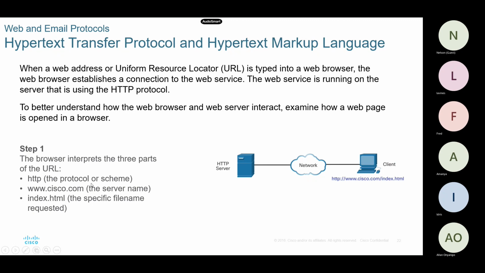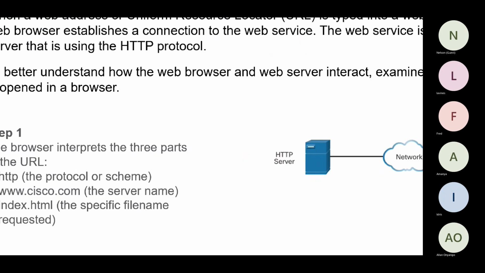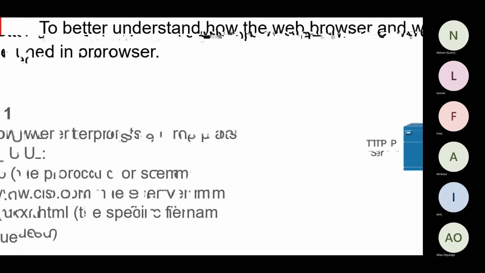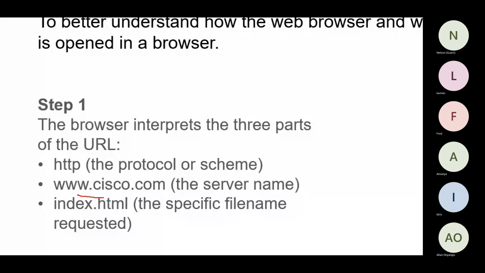Then the browser has to interpret www.cisco.com. This is the server name, which can be converted into an IP address, remember, by DNS. And then index.html is the specific file that we're browsing for.